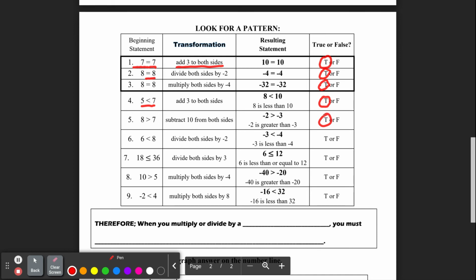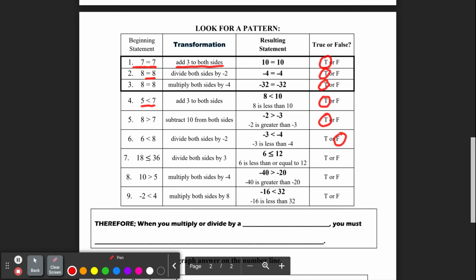On number 6, 6 is less than 8. If you divide both sides by -2, you get -3 is less than -4. This is false because -3 is closer to 0.